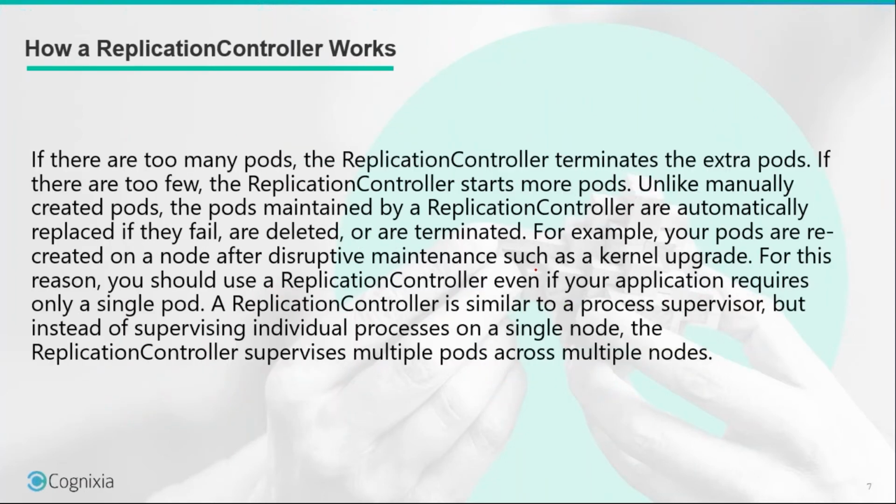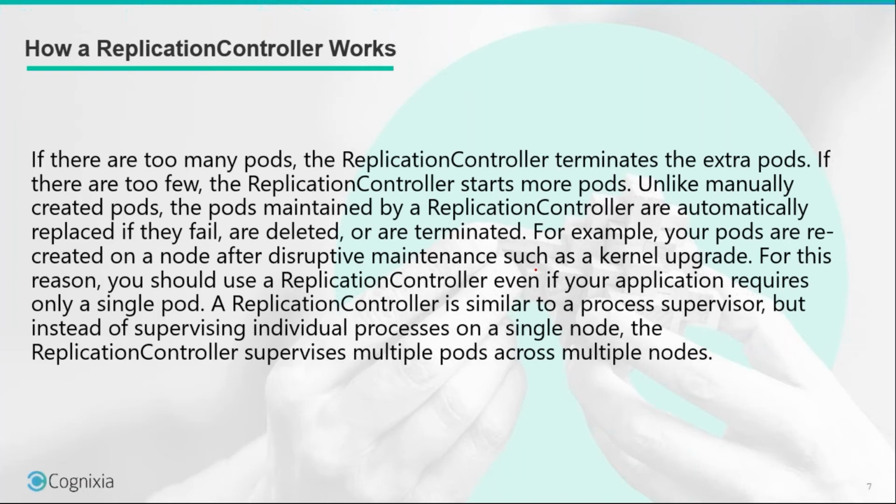So now let us discuss the replication controller or replica set. Both actually work in the same way, but as I mentioned, the difference is that replica set is the next generation of the replication controller. If there are too many pods, the replication controller terminates the extra pods.